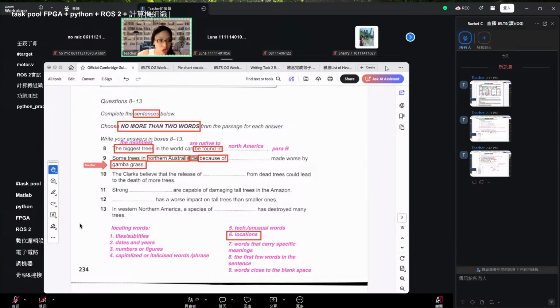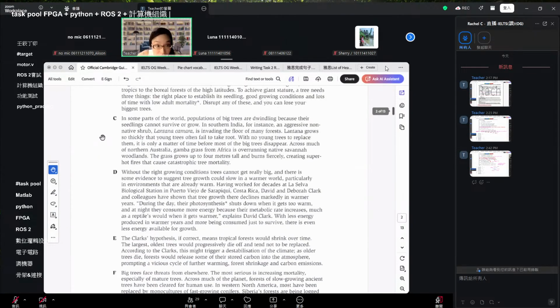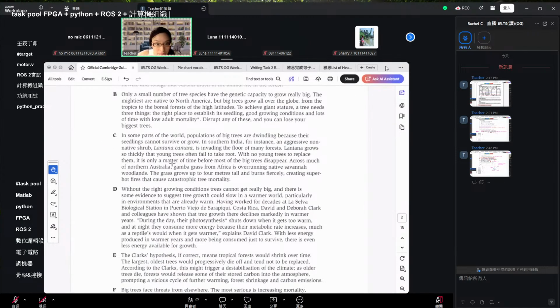I'll take a screenshot first. I'll share that later. We'll see how it goes, clear everything, get back to gamba grass, right down here. Gamba grass. And it was to do with northern Australia, which is question number 9. Overrunning native savanna woodlands, the grass grows up to 4 meters tall.